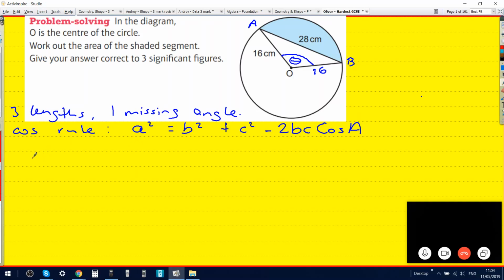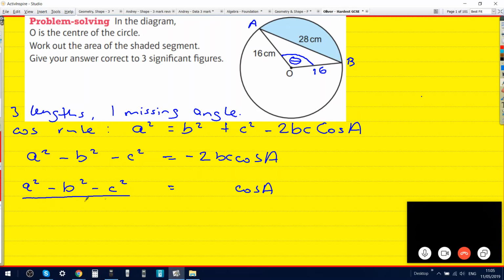So it's a squared minus b squared minus c squared equals minus 2bc cos A. Yeah. And so how do you get cos A? You have to divide by minus 2bc. Yeah.